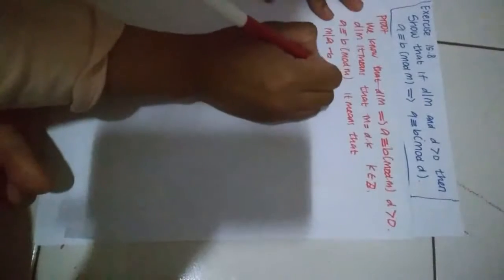And we have a ≡ b mod m. It means that m divides a − b.